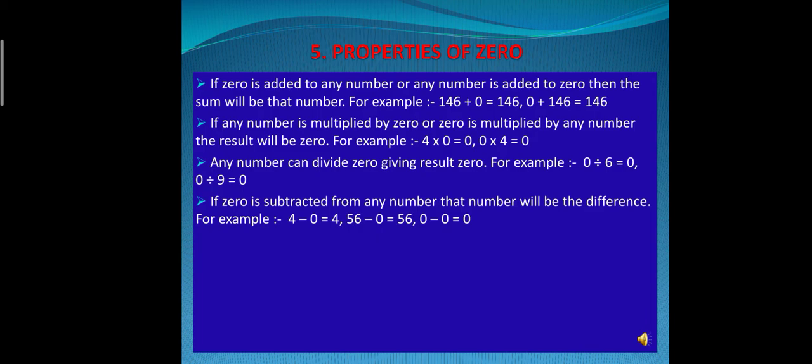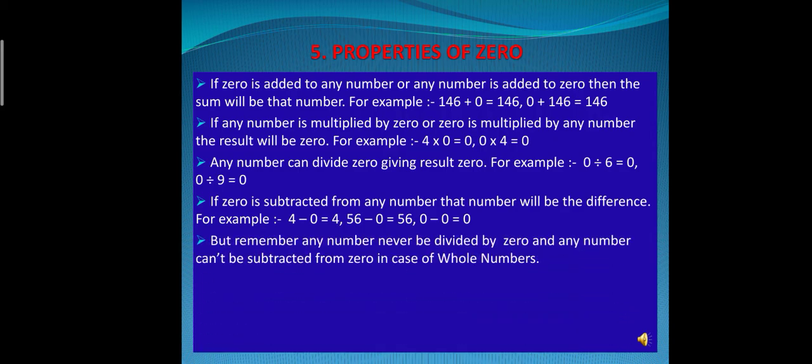For example, 4 − 0 = 4. 56 − 0 = 56. 0 − 0 = 0. But remember, any number can never be divided by 0, and any number can't be subtracted from 0 in case of whole numbers. 0 is the additive identity.